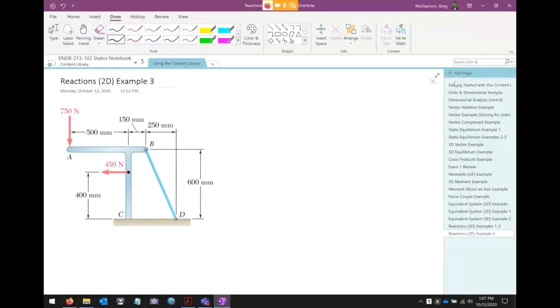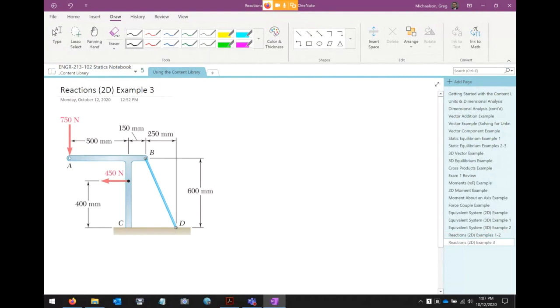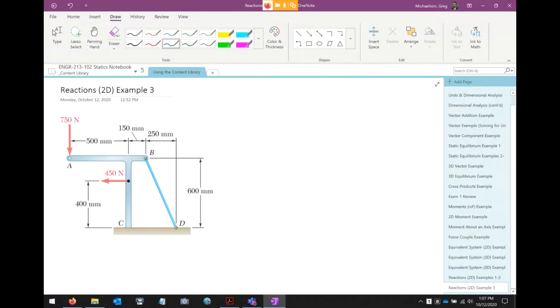Okay, so here's the problem that we're looking at, and the goal of this problem is to find the reactions. At point C right here, there are going to be three unknown reactions.